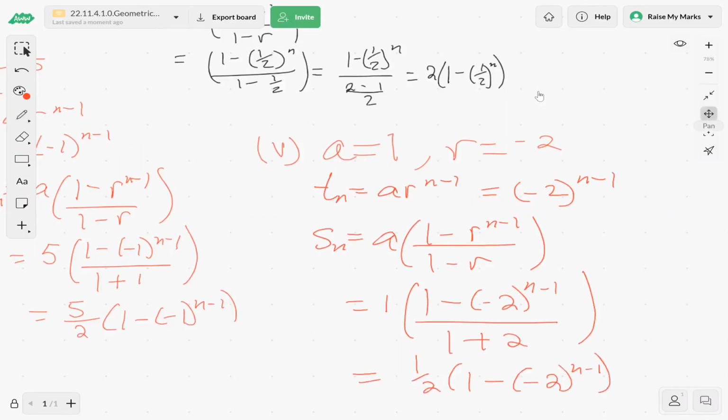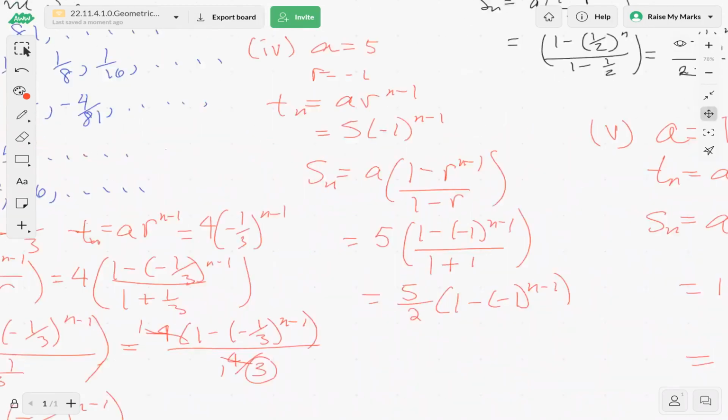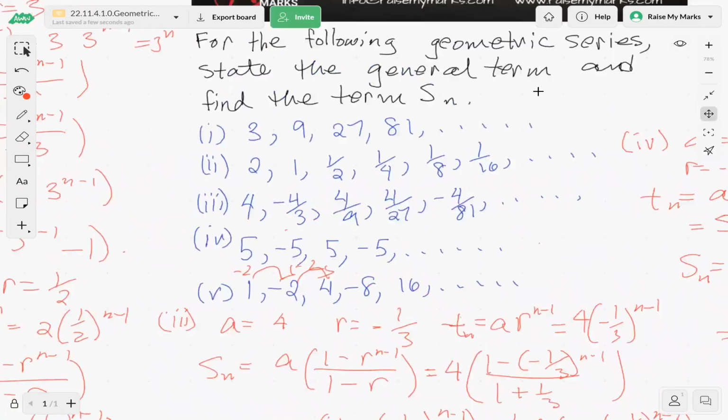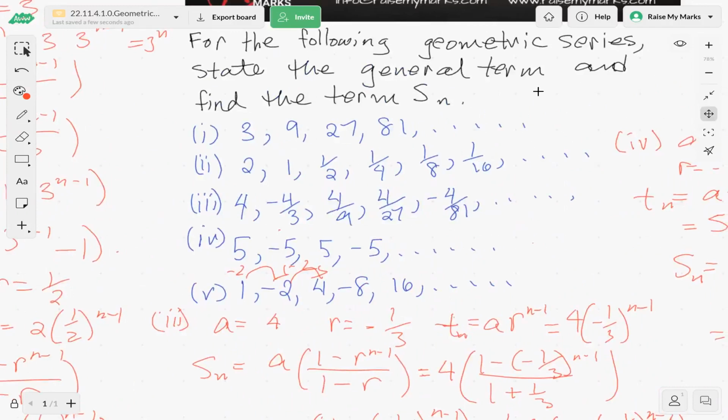Good. Okay. So for all our geometric sequences, there's a typo right there. These are geometric sequences. Take the general term and find Sn, which is the sum of the first n terms.